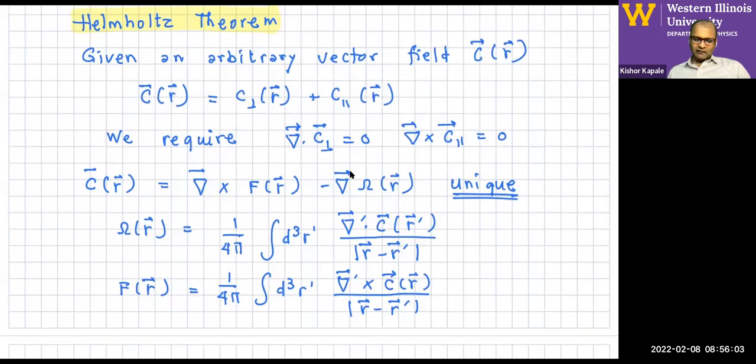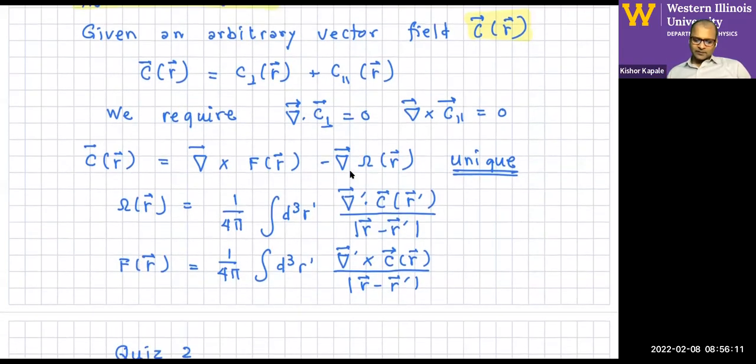So let's say we have a completely arbitrary vector field C as a function of r that we are trying to determine at all points in space. We could think about, and this is what Helmholtz did, the same Helmholtz that made these Helmholtz coils, which are two sets of coils with the current going in either the same direction or the opposite direction. I believe it is the opposite direction current that allows you to create a magnetic field at the center along the axes of these two coils.